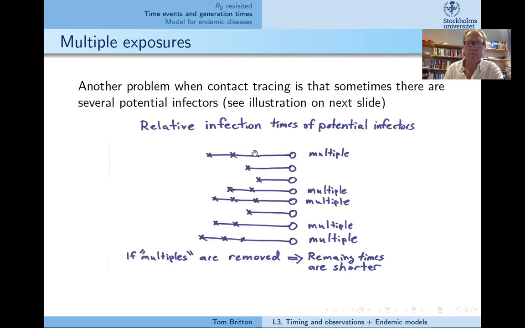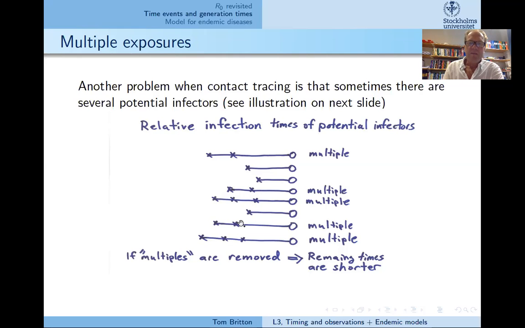And this person says, yes, I met someone 7 days ago and another one 10 days ago. This one says, I met one 6 days ago and 8 days ago. Here we had 5, 8 and 10 days ago. So for some of these there is a unique infector, but for others there are multiple possibilities. So the question is, what do we do with this type of data?